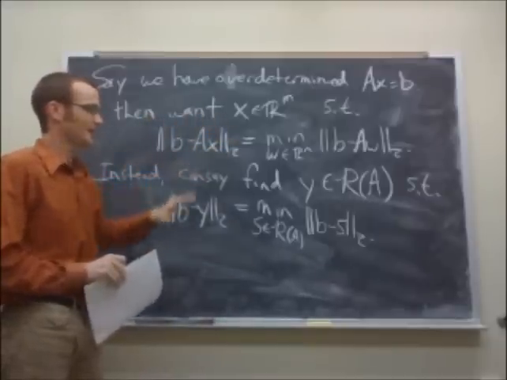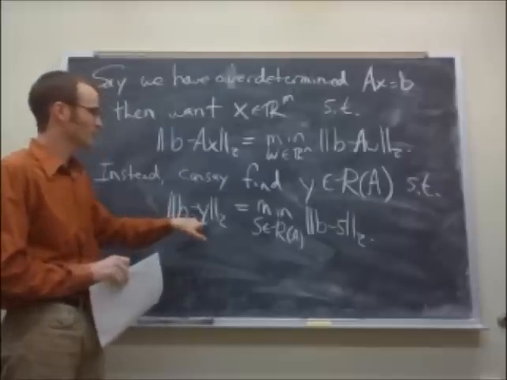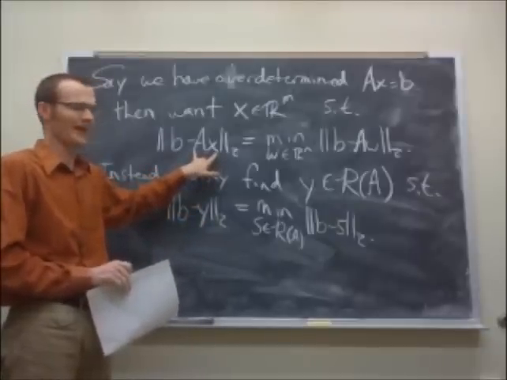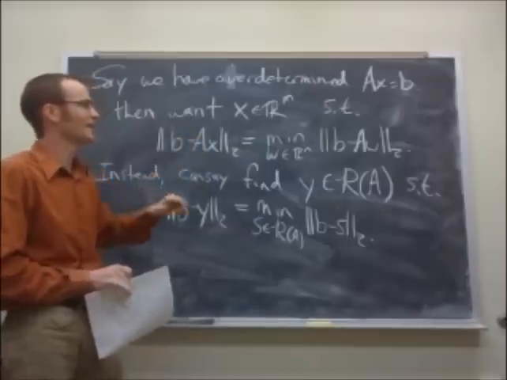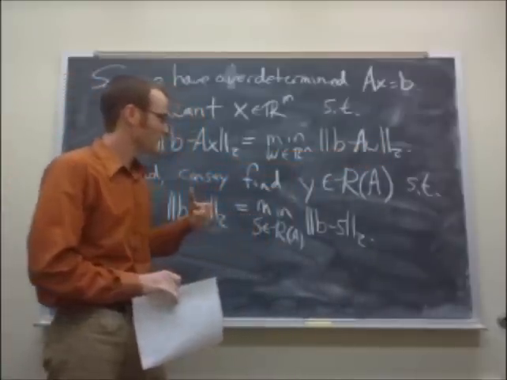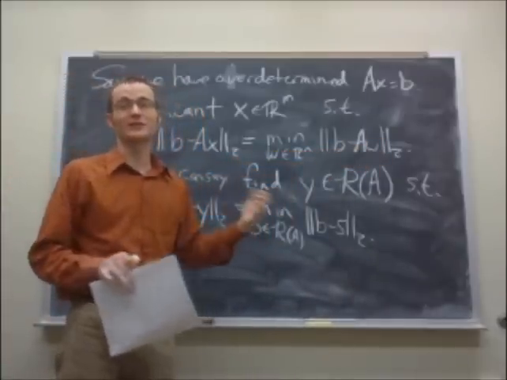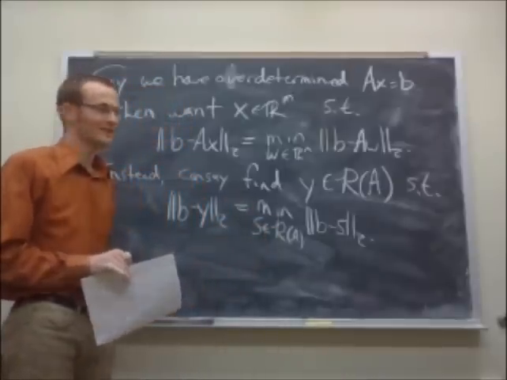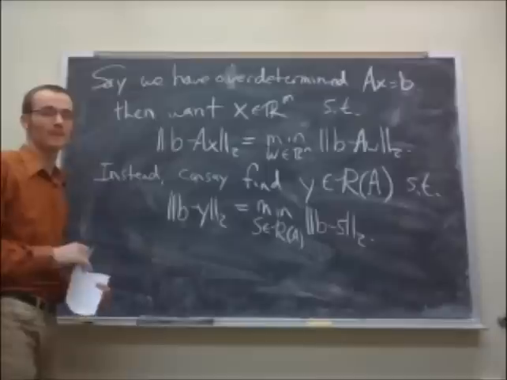But if we instead say y has to be in the range, well, Ax had to be in the range of A, obviously, because it's A times something. Same thing with Aw. So we might as well just take things over the range of A instead of over all of them. Just makes it a little simpler. All right.